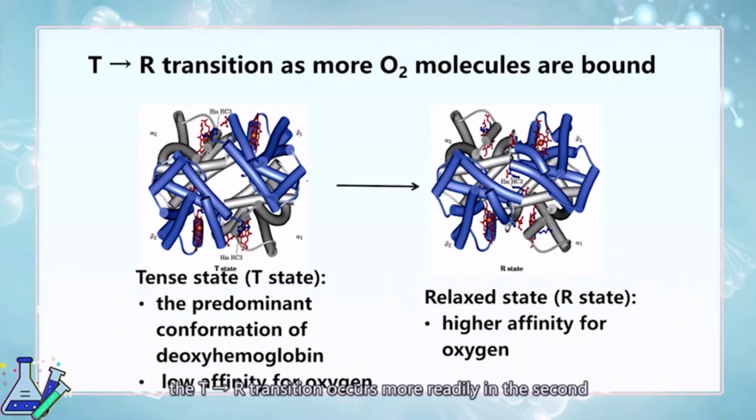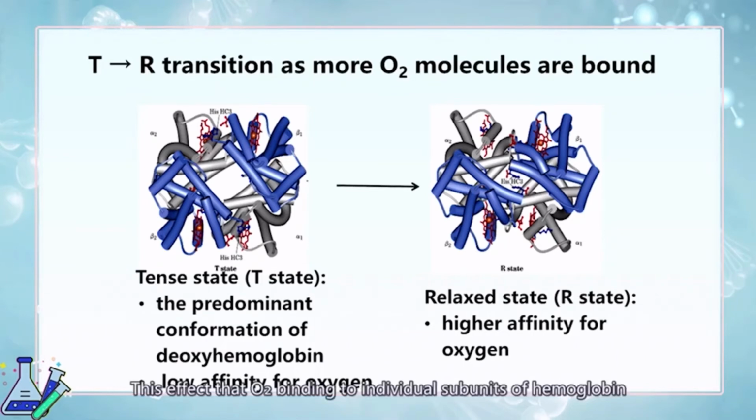Then the T to R transition occurs more readily in a second subunit once oxygen is bound to the first subunit. The last oxygen binds to a subunit that is already in the R state, and hence it binds with much higher affinity than the first oxygen.